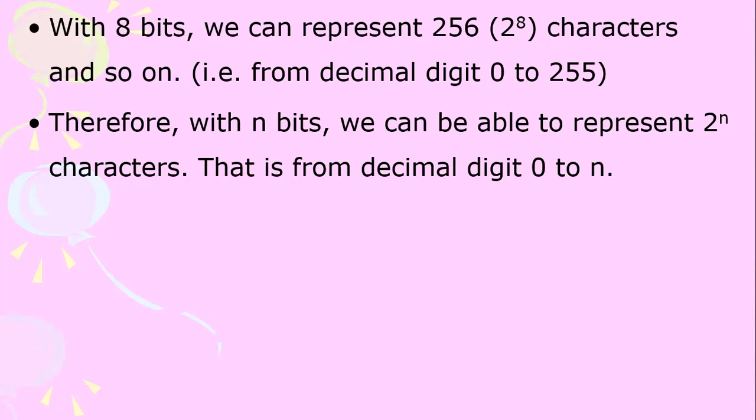For example, if the number of bits is 10, then you say 2 raised to 10, that is 2 to the power 10, and you get the respective number of characters. And therefore, with n bits, we can represent 2 raised to n characters, that is from decimal digit 0 to 2 raised to n minus 1.